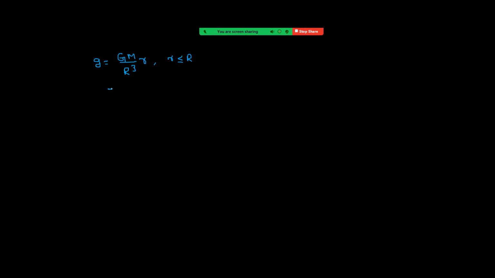And when you are taking outside, it is same as due to point mass, means GM by r square. So now we want to calculate gravitational potential inside, because coming to outside, we have the value directly, minus GM by r, same as due to point mass. So we want to calculate inside.